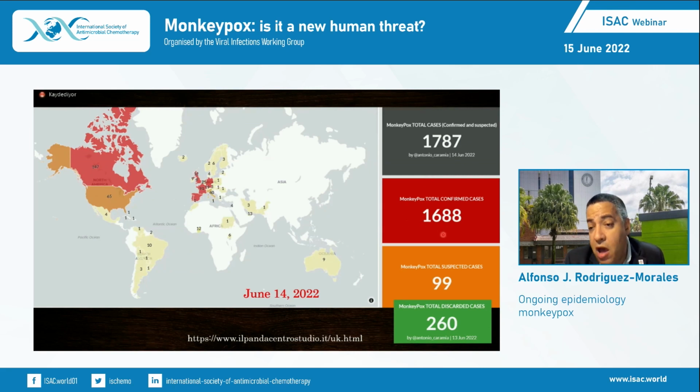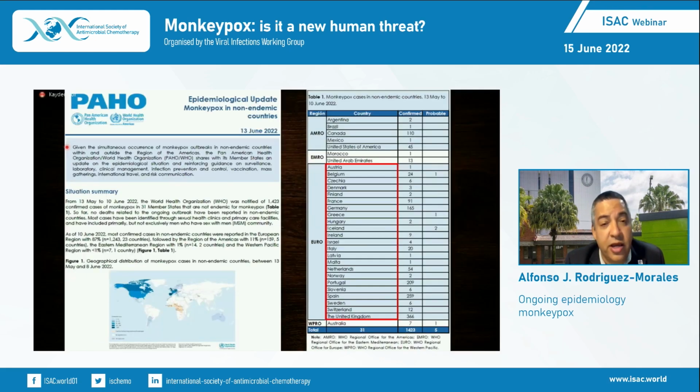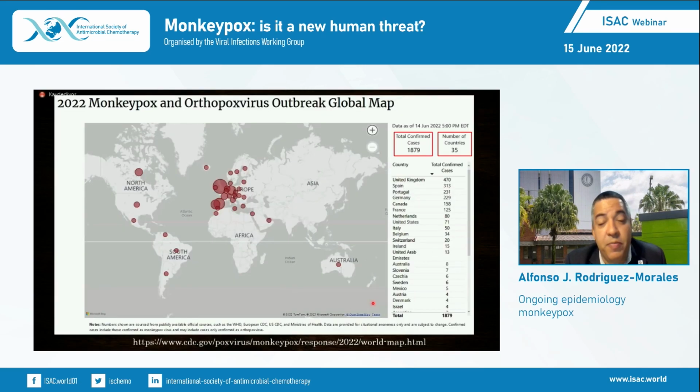And right now, according to the source, we have over 1,600 confirmed cases in different parts of the world. This is for today, the most updated: 1,800 cases reported right now in more than 30 countries, according to the different epidemiological reports you can see.